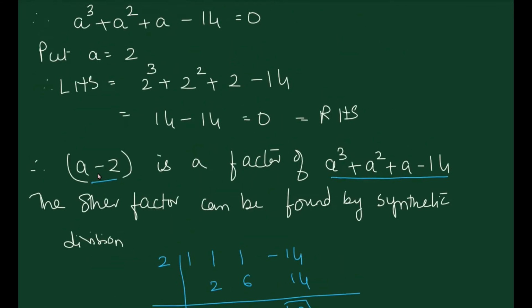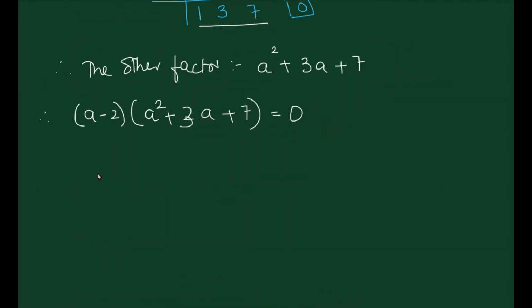Okay, remember the given expression is a cube plus a square plus a minus 14, and that has been factorized to this form actually. So therefore we are getting two terms over here. Therefore either a minus 2 is equal to 0 or a square plus 3a plus 7 is equal to 0.